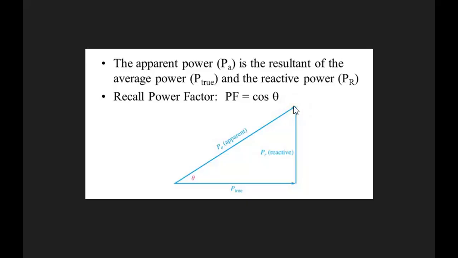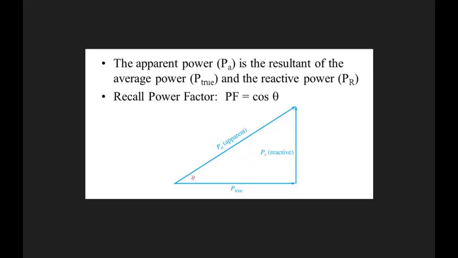The apparent power is the hypotenuse, the true power is the horizontal, and the reactive power is the vertical. So cos theta is the true power over the apparent power. Recall, power factor equals cos theta, meaning the horizontal over the hypotenuse, which is cos of that angle.